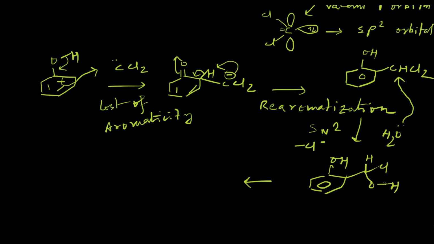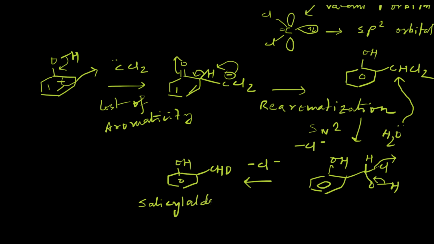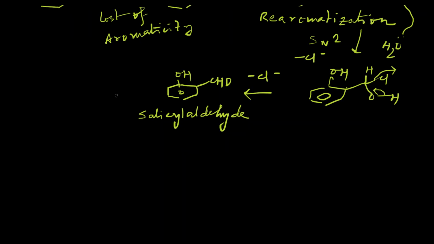This intermediate is then formed, the OH bond will cleave and the Cl- will leave from this system. And this product will be obtained, which is salicylaldehyde. So this is the mechanism for the ortho formylation. You can do the para formylation by following exactly the same mechanism.